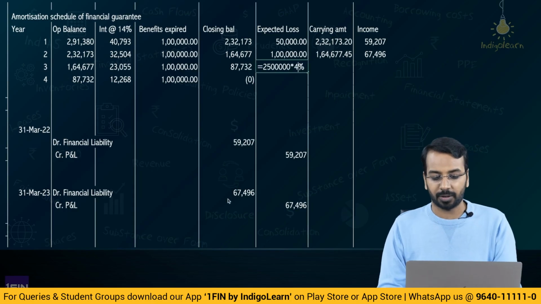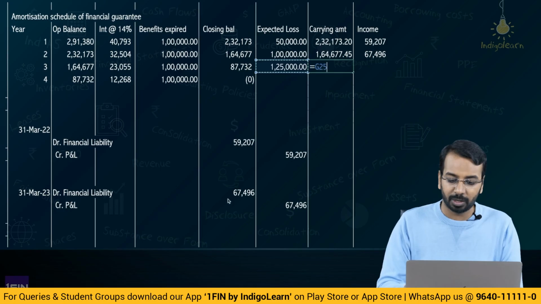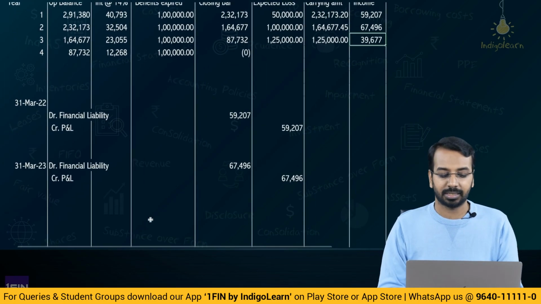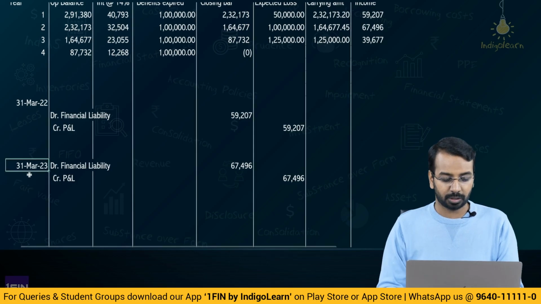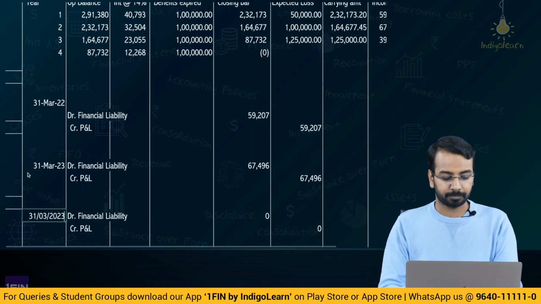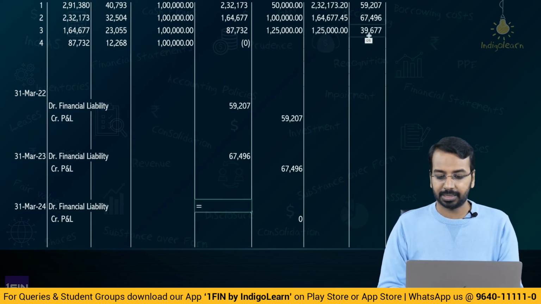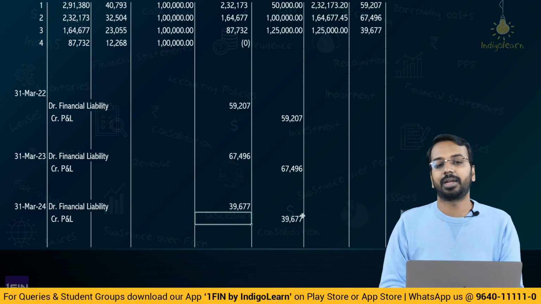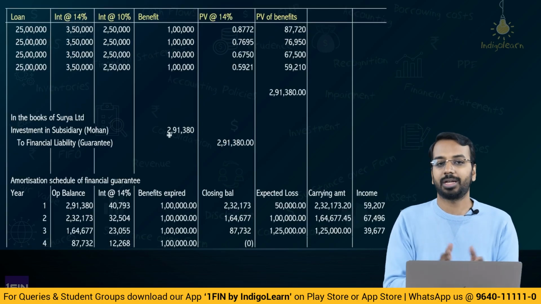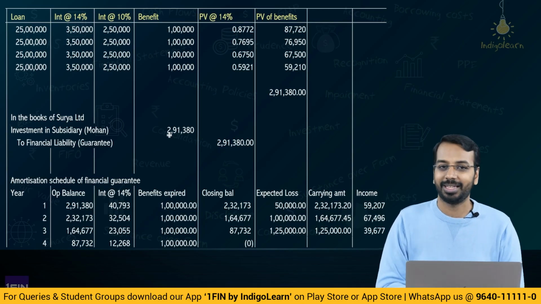So, now the default is 5% expected, which is 1,25,000. So, the carrying amount now will be 1,25,000 and the income will be only 39,677. So, for 31st March of 24, financial liability you will reduce by 39,677 and you will credit P&L by 39,677. So, this is how we can solve this type of question, and if you follow the structured approach, there will not be any challenge in the examination.